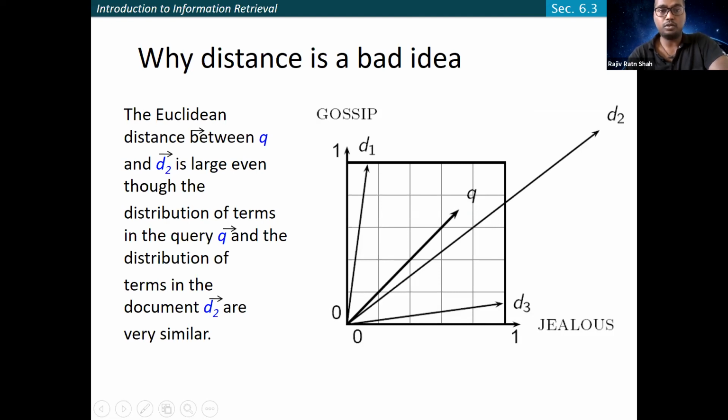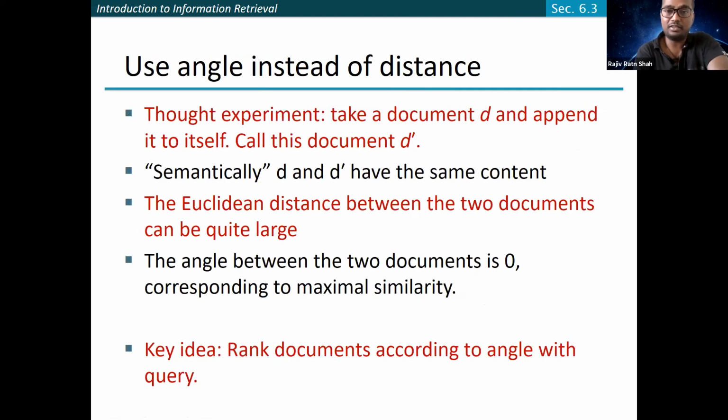So one solution could be to use angle instead of distance. Through an experiment, take a document d and append it to itself and call it d dash. Semantically, as we just mentioned in the previous slide, d and d dash have exactly the same content, but the frequency might be different.